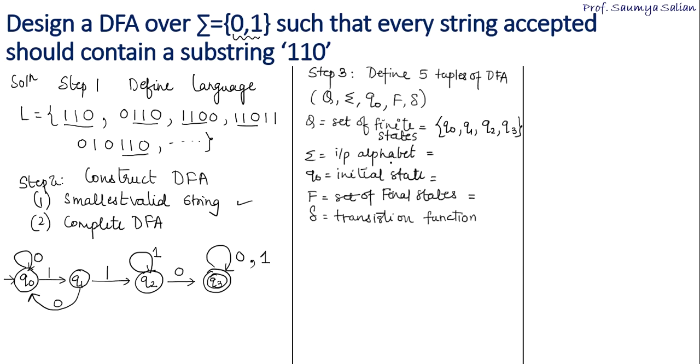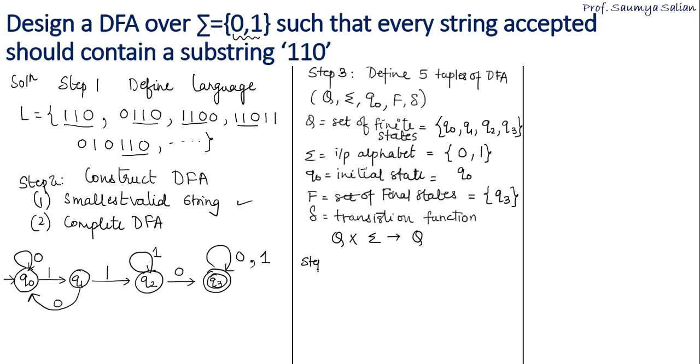Input alphabet set, here I have 0 and 1. Q0 is the initial state, and then F is the set of final states. Here I have only one final state, that is Q3. Next, delta is the transition function given by Q cross sigma corresponding to Q.